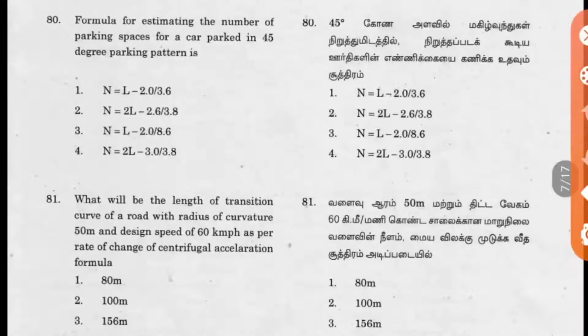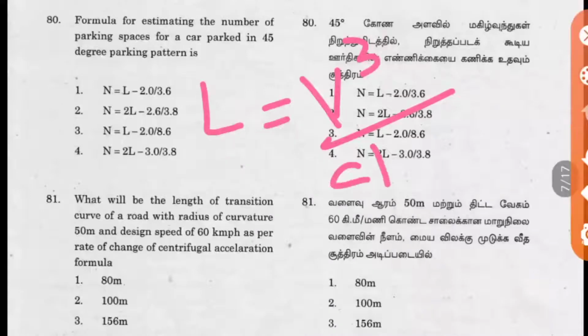Question number 81. What will be the length of transition curve of a road with radius of curvature 50 meter and design speed of 60 km per hour as per the rate of change of centrifugal acceleration formula? They have clearly given which formula. The formula is L is equal to V cube by CR.